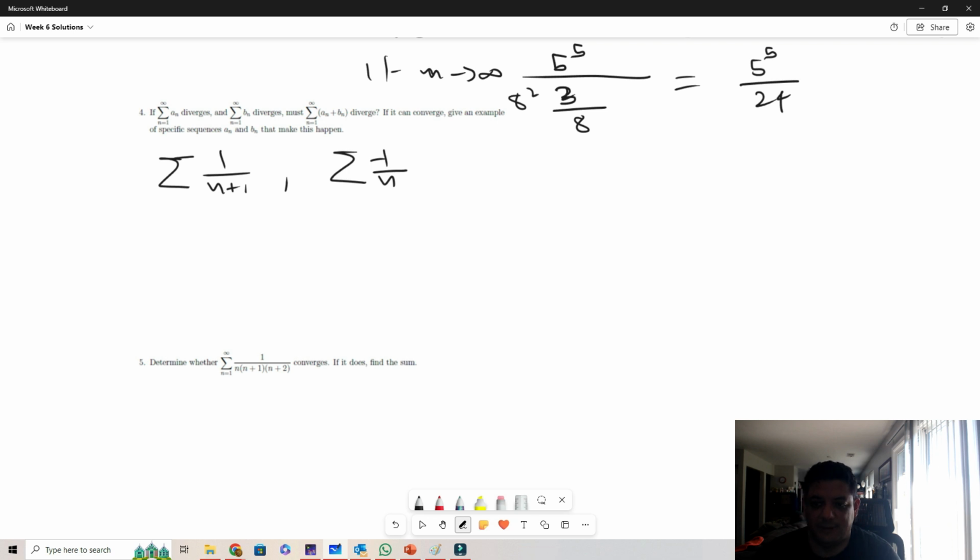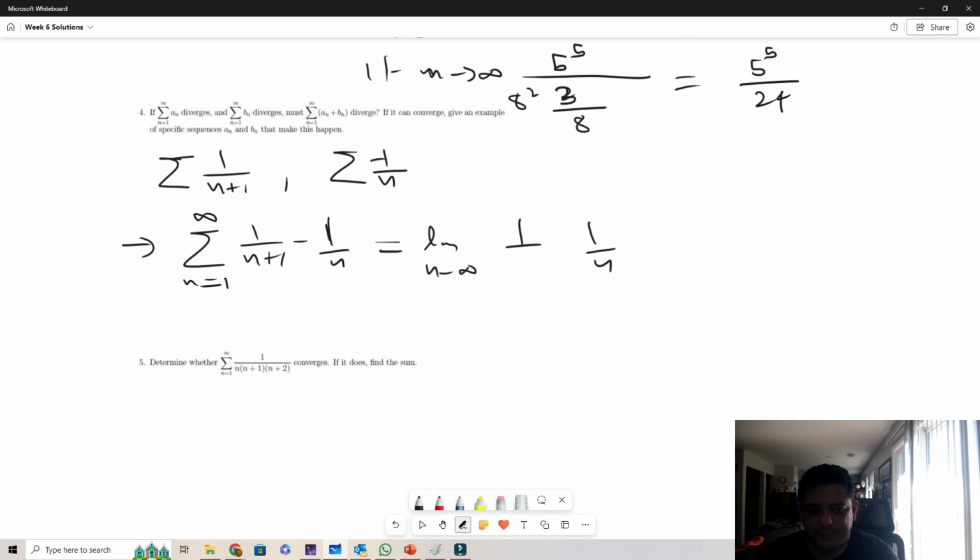Now easily individually each of these is divergent, but now if I take the sum, this is going to be a telescopic series, and this is going to be equal to the limit when n goes to infinity of 1/2 minus 1 over n.